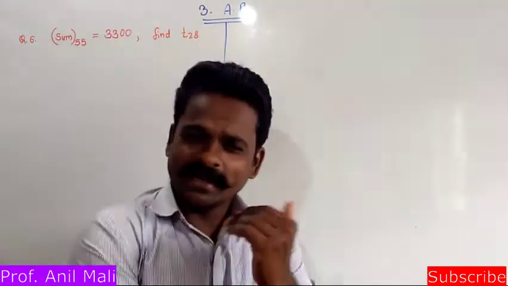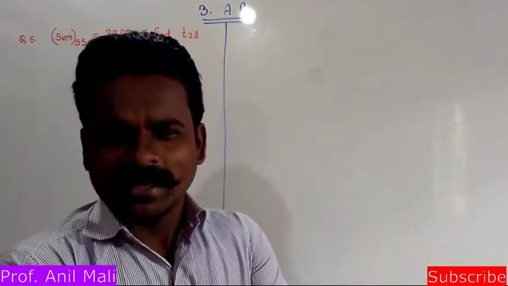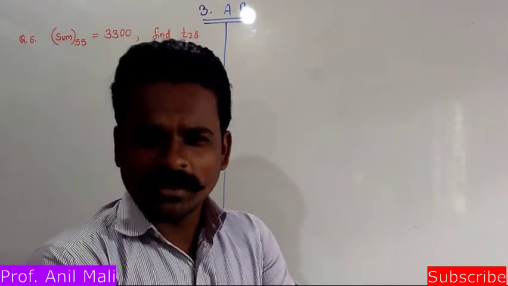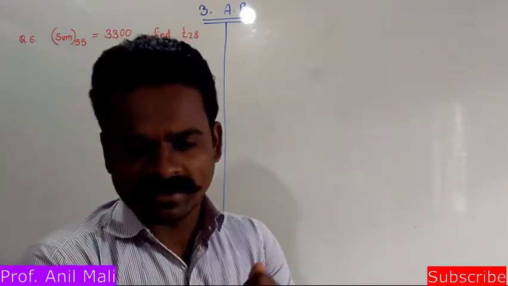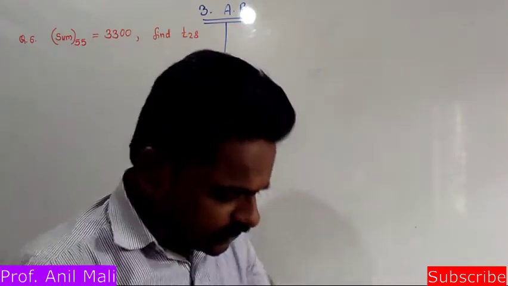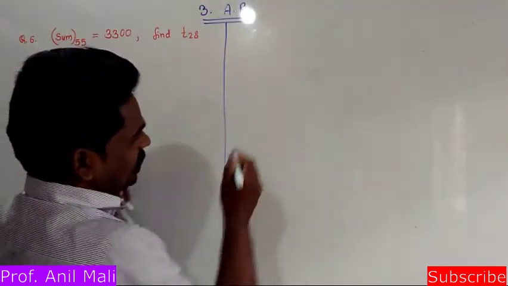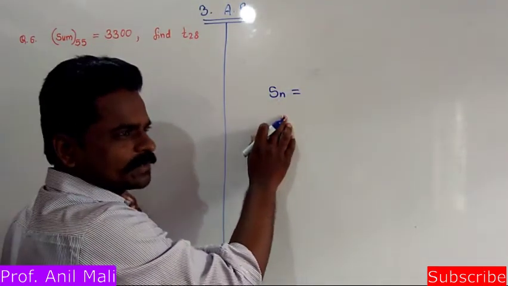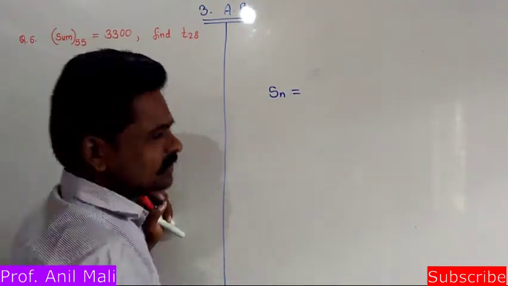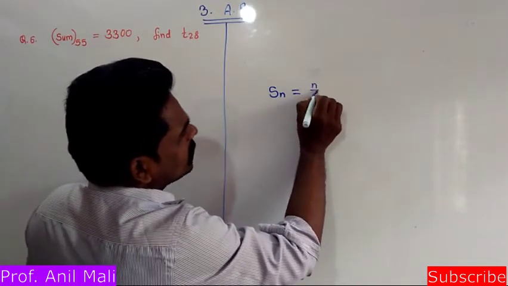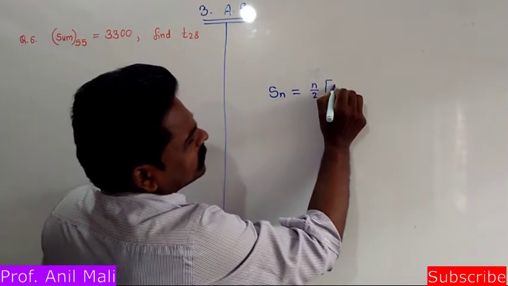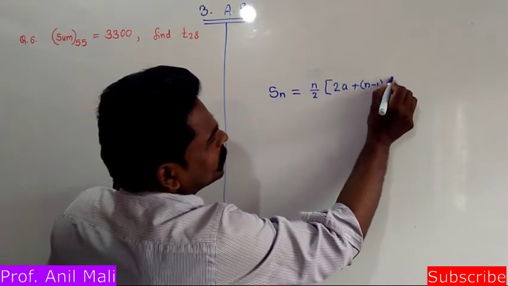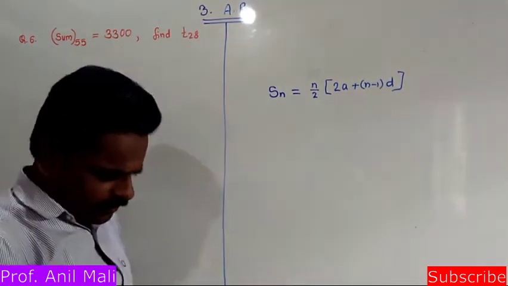We divided that formula into a few categories like even natural numbers, odd natural numbers, all natural numbers, and all those things. Sn means sum of first n terms. Sum of first n terms is equal to n by 2 into the bracket 2a plus n minus 1 into d. So this was the formula.